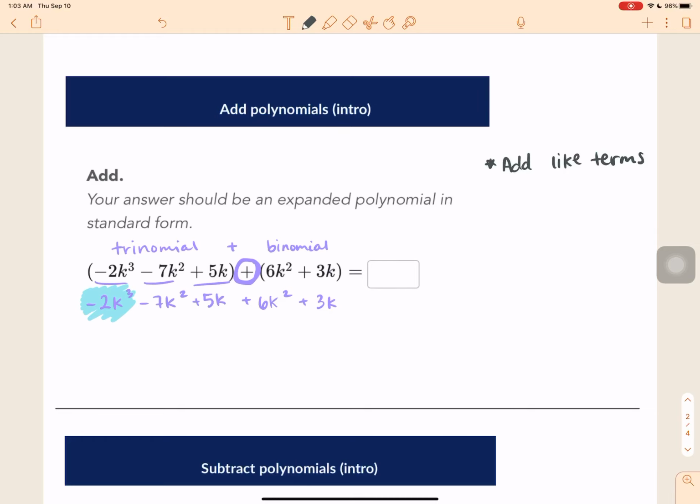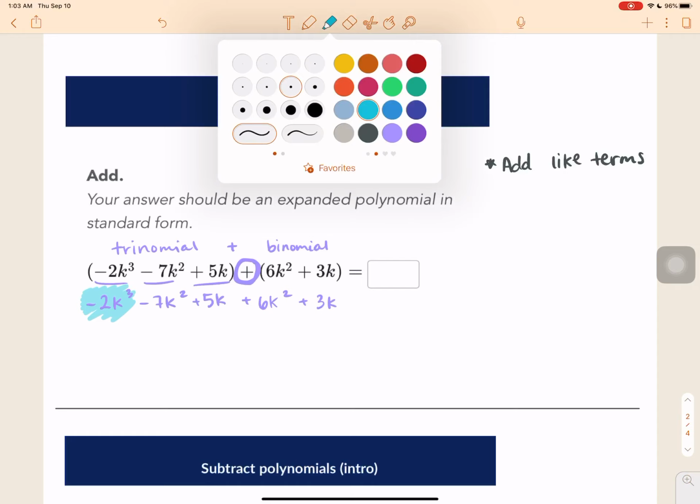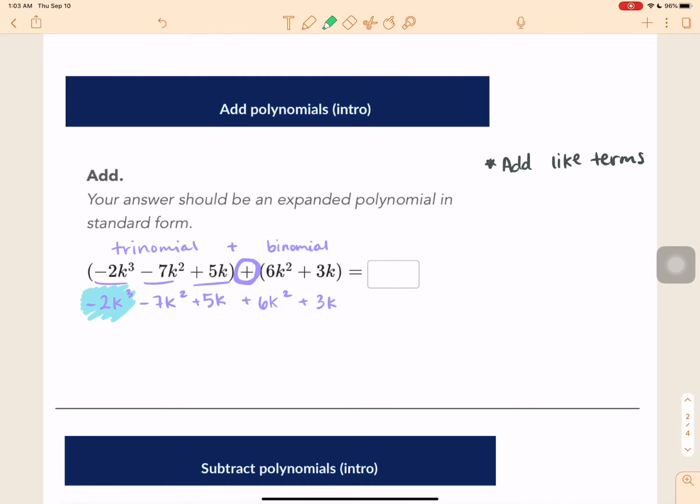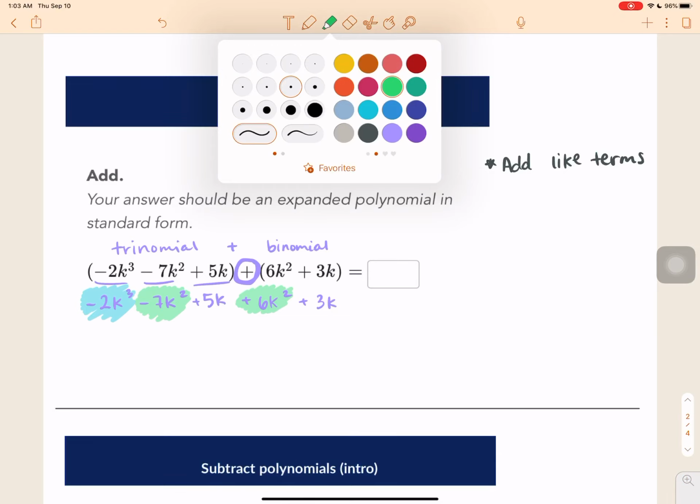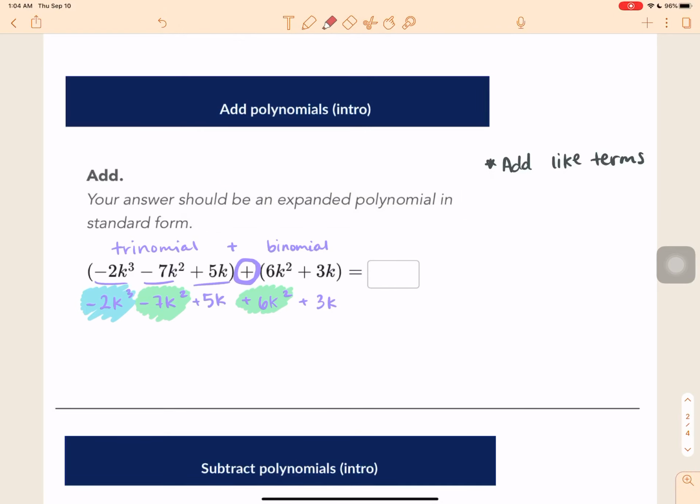And then we have k squared. So we have negative 7k squared and positive 6k squared. So those two are like terms. And then we also have a positive 5k, so my k terms, and a positive 3k.